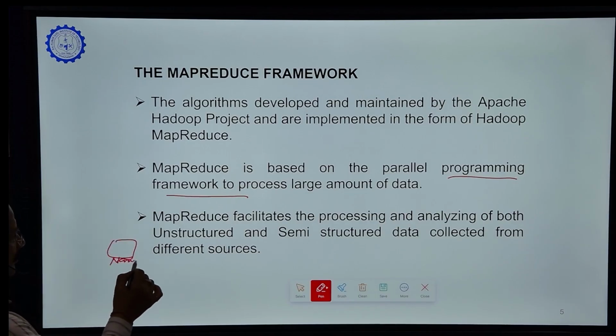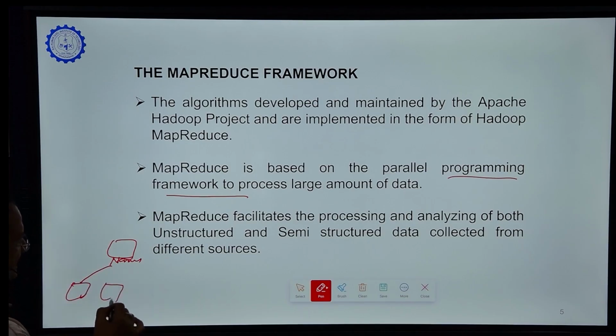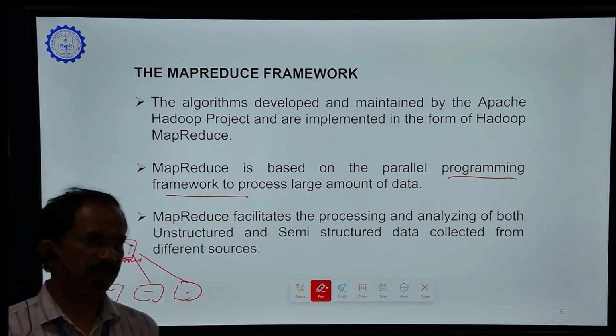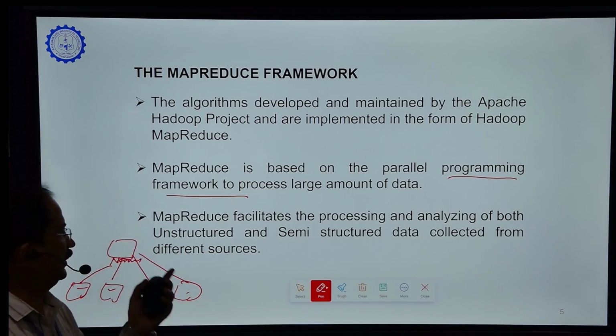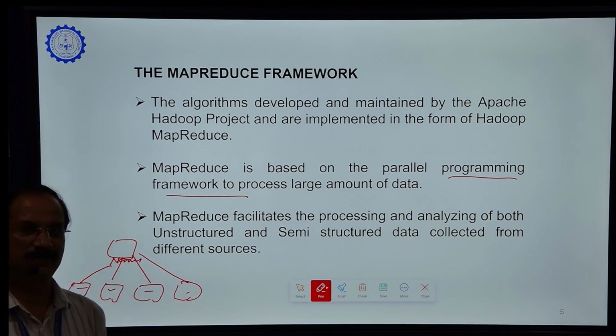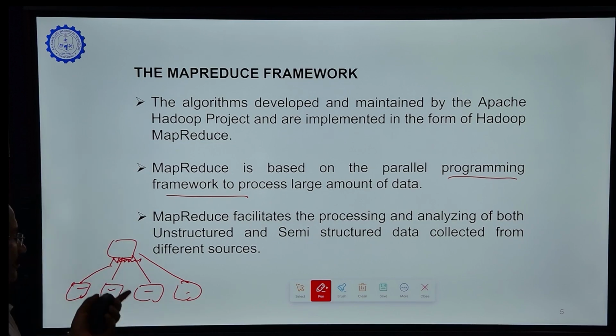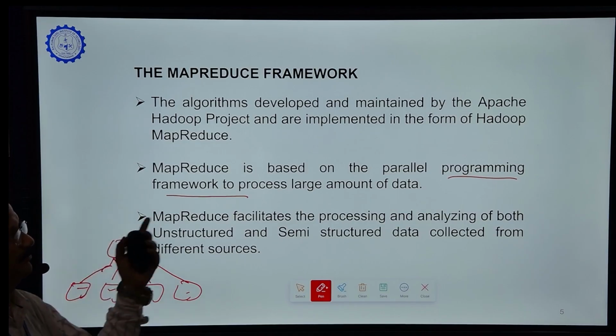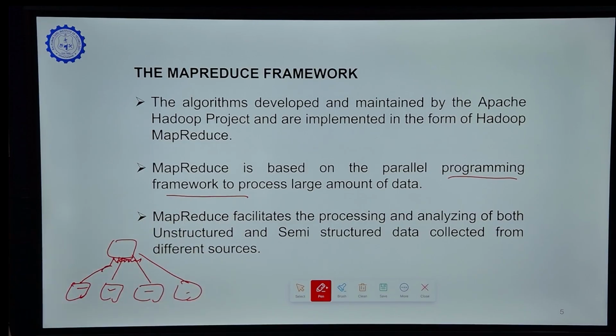Name node or the master, data nodes. I'm not describing the detail of HDFS because HDFS is another topic which we can discuss in detail, but here I am giving a brief overview to understand the MapReduce framework. Data is actually stored in the data nodes. These are the data nodes.